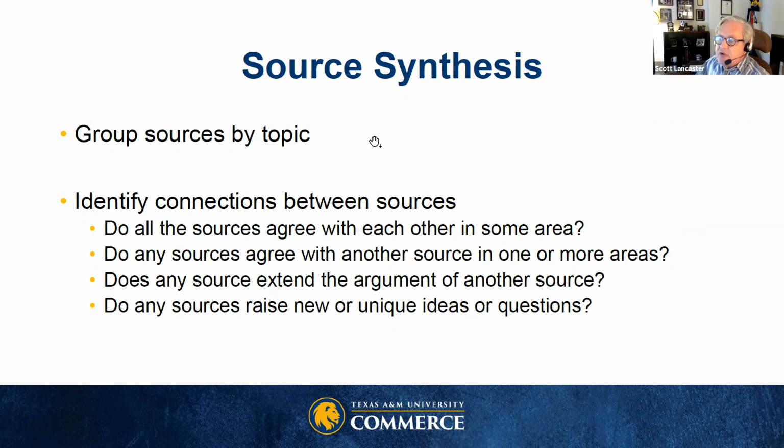Identify connections between sources. Do all the sources agree with each other in some area? Do any sources agree with another source in one or more areas? Does any source extend the argument of another source? Do any sources raise new or unique ideas or questions?